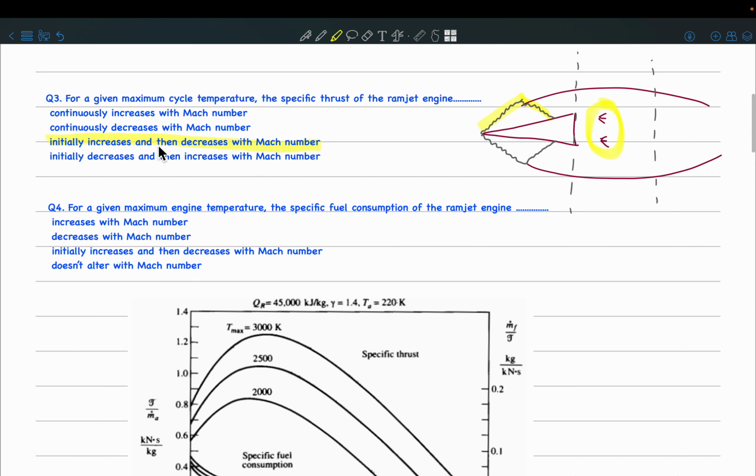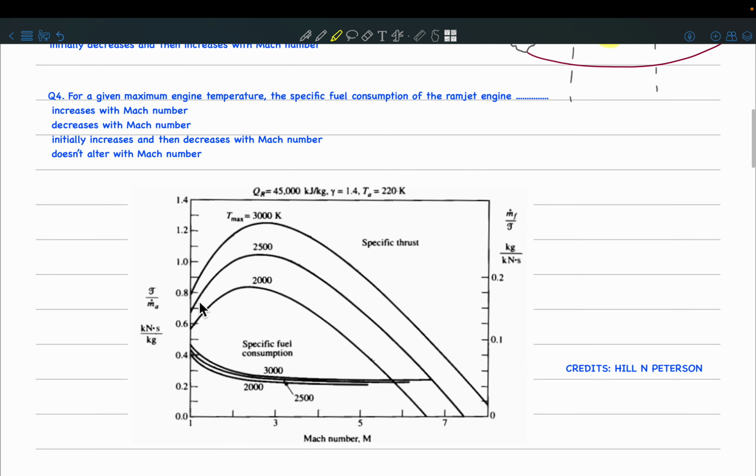So the question is: if the maximum cycle temperature is fixed, that is, whatever maximum temperature you can achieve after the combustion is fixed, then how does the specific thrust change with the Mach number? Initially, as you increase the Mach number, the specific thrust is increasing, but after a certain Mach number of around 3, this specific thrust starts decreasing. Okay.